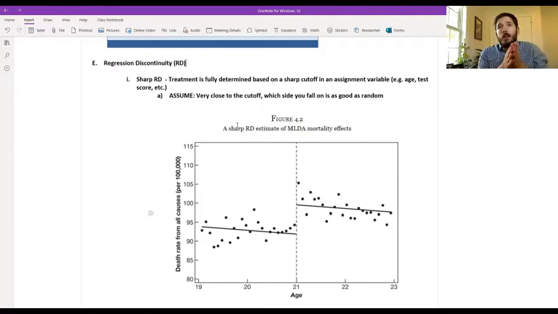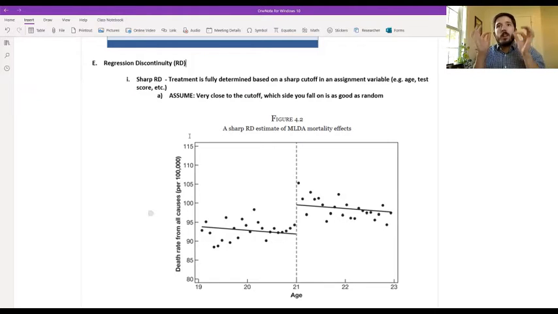If you're 1 point below, you don't get the treatment. If you're 1 point above, you do get the treatment. So the assumption here, to build our counterfactual, is that we're looking very close to this cutoff, and which side of the cutoff you fall on, if you're really close, is as good as random, right?